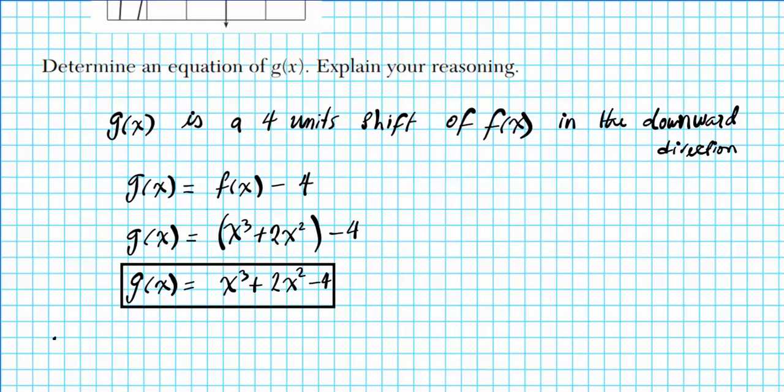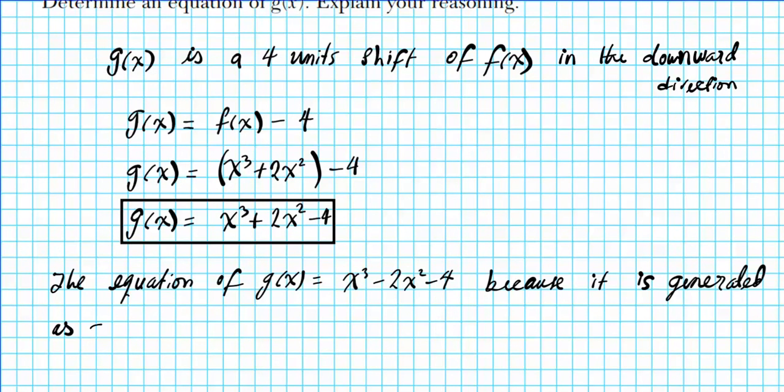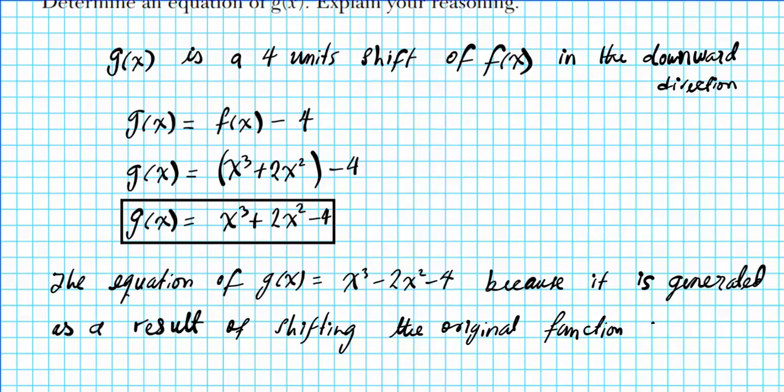So the equation of g of x is equal to x to the third plus 2x squared minus 4 because it is generated as a result of shifting the original function f of x equals x to the third plus 2x squared 4 units in the downward direction, or 4 units downwards, okay?